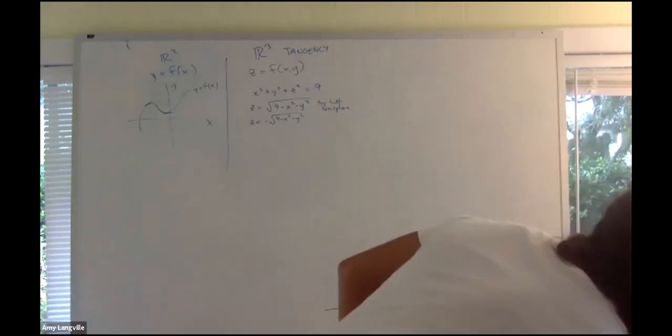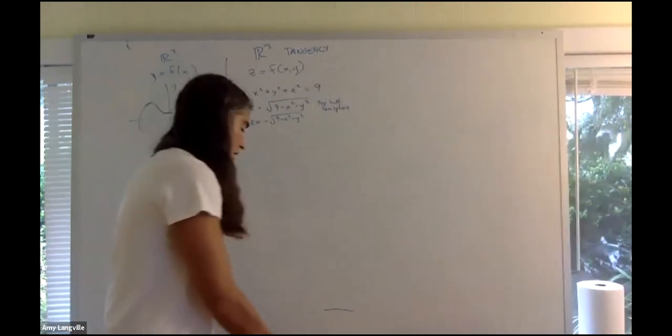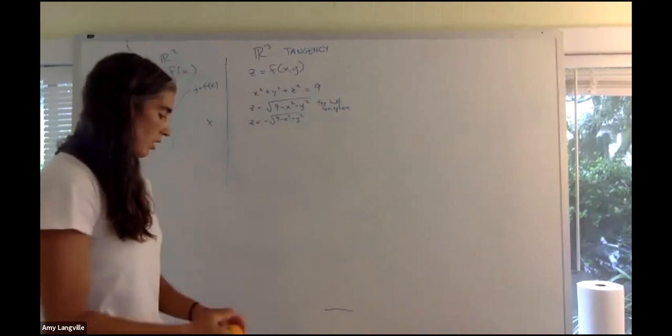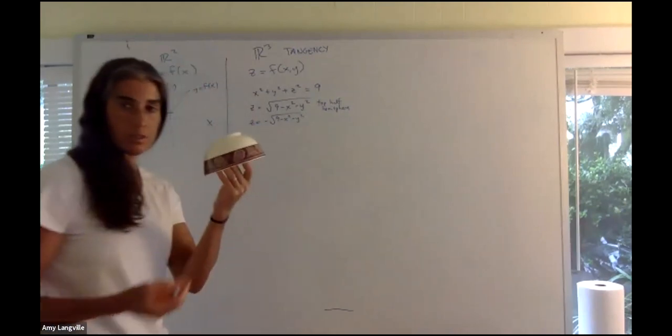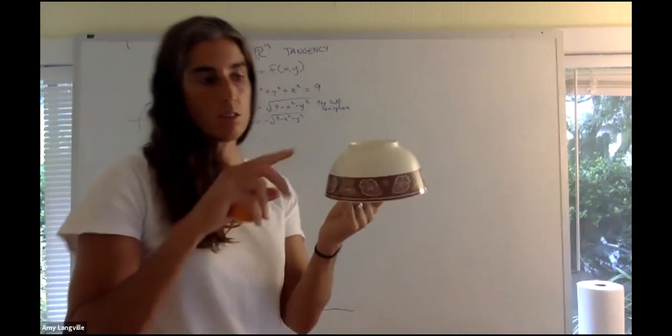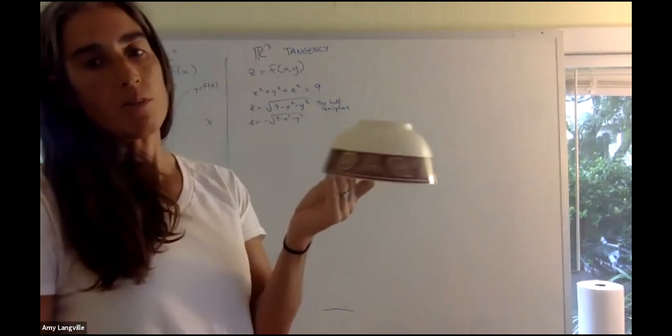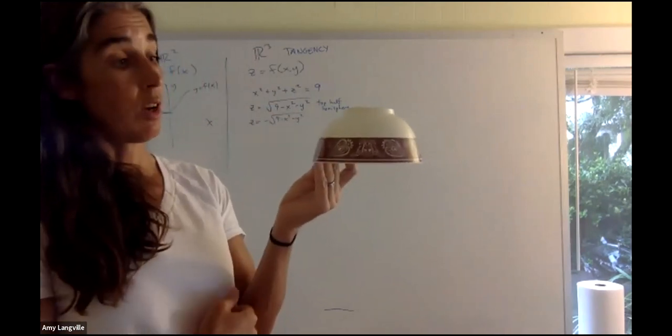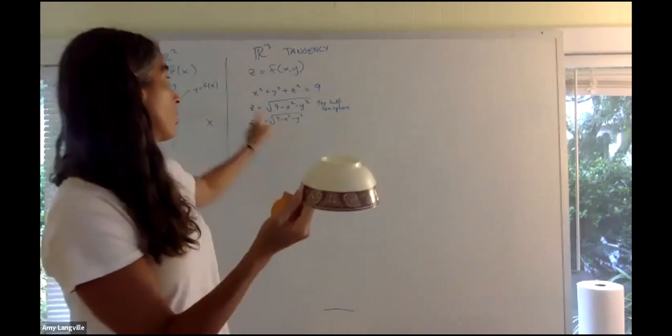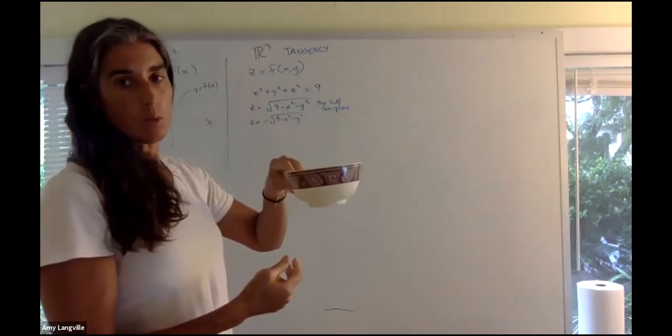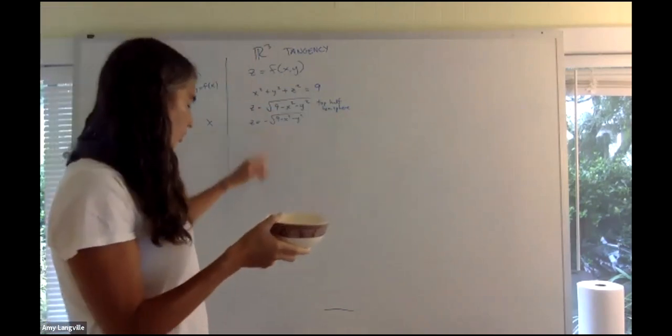So you can cut your orange in half and think about it that way. Or I'm going to use an upended cereal bowl and imagine that this is actually not plateaued there, it's a perfect hemisphere. So if it's the top half, that'd be z equals the positive square root, and this would be the lower hemisphere.